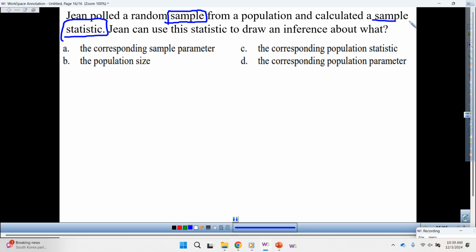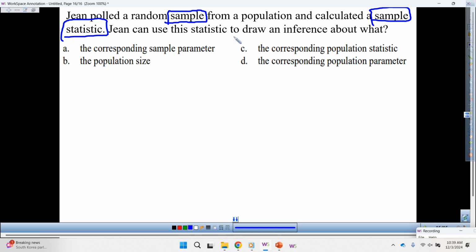Sample statistic. Okay? So let me ask you a question. If I was to send you out and I wanted a survey from Imperial, we already know that you're not going to go to every person in Imperial because it takes what? Too much time. Is that correct? So we always use what? A sample. So question.